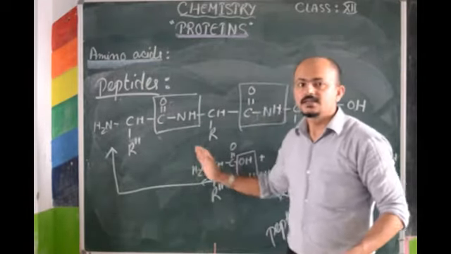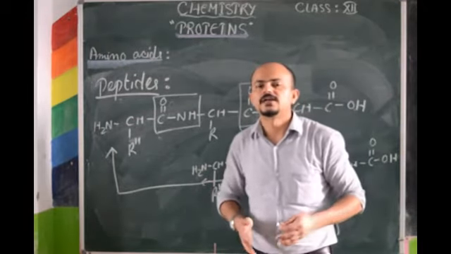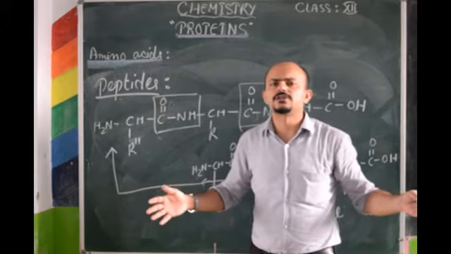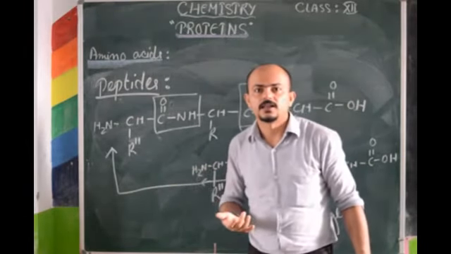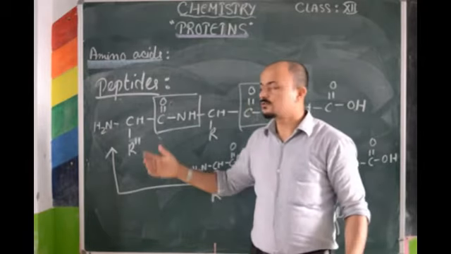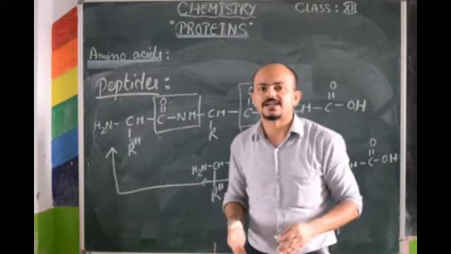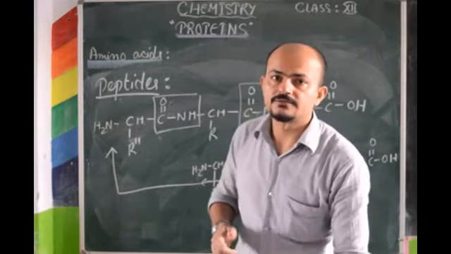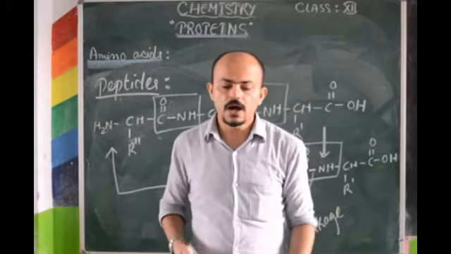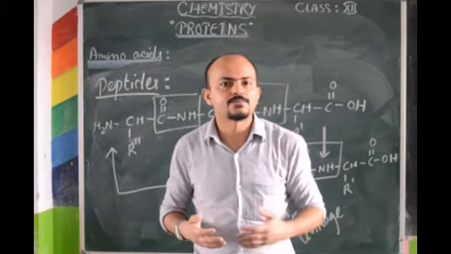Now this way they can keep on condensing, and they can come together and form very large molecular chains, and we can control it according to our will. Whenever you get such a large chain, that is known as polypeptide. Please remember polypeptide.